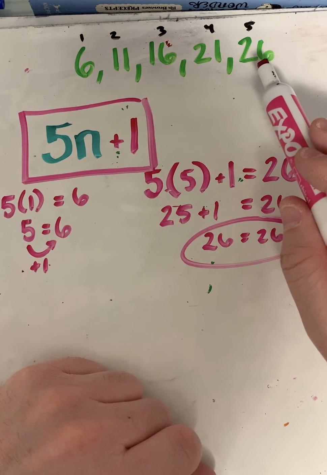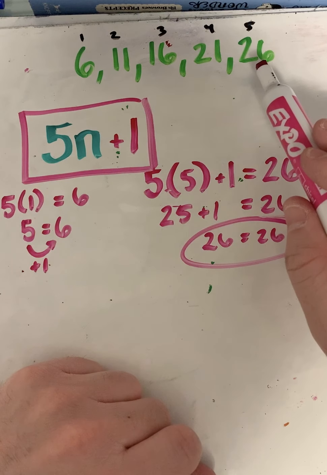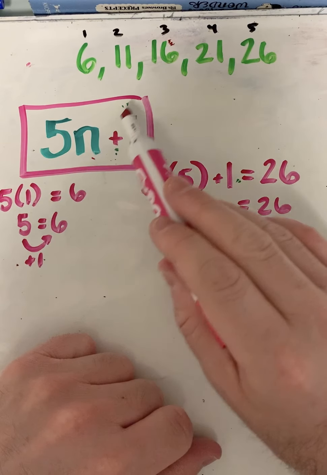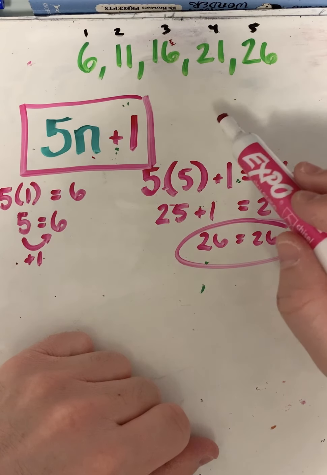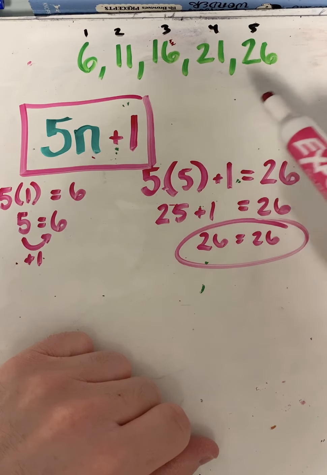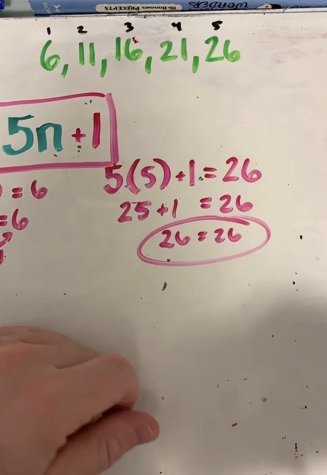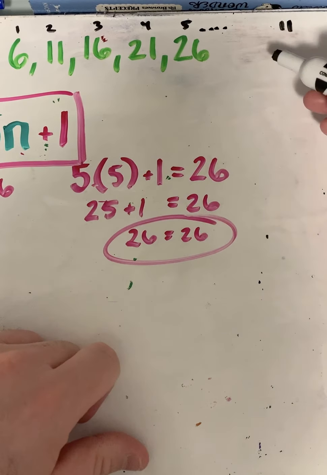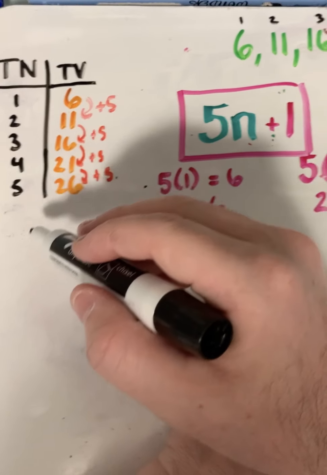And the nice thing about this is that because I know the pattern rule, I can figure out any number that would be in this pattern, or any number that might not be in this pattern. If I asked you what the 11th term number is, if we just kept going, I could make a chart like this and do it that way.